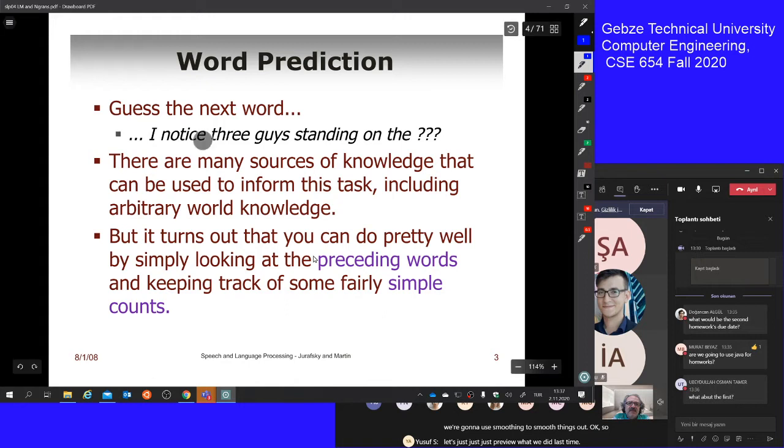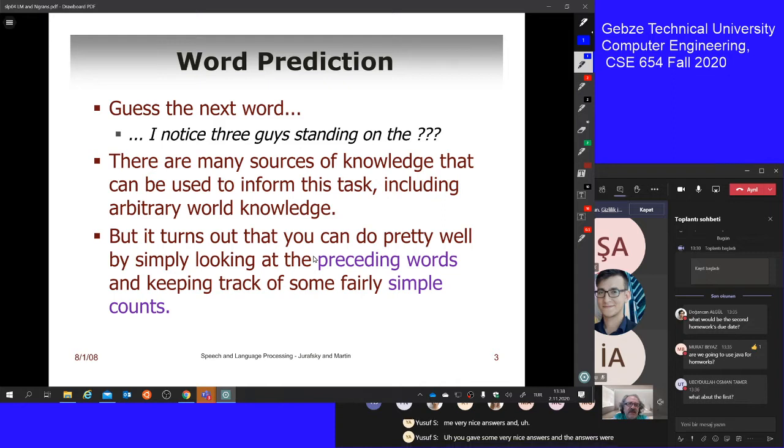If I have a sentence like this, I notice 3 guys standing on the question mark, and I ask you a few questions, and you gave me some very nice answers, like standing on the sidewalk, standing on the wall, standing on the chair, and etc. So it was all grammatically correct and physically correct too.